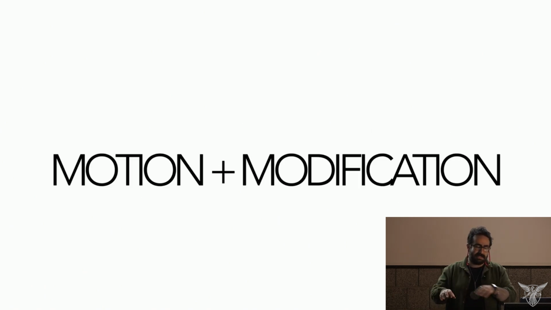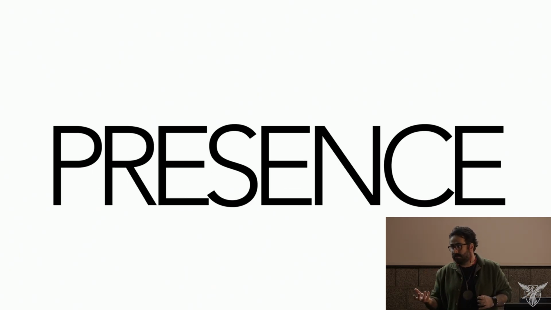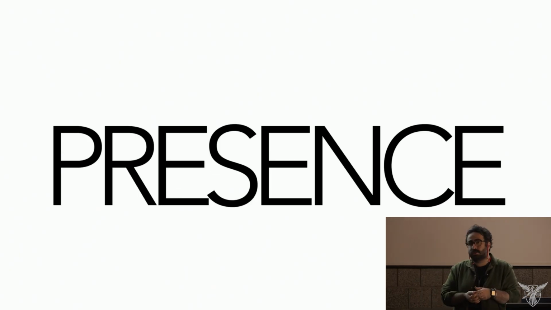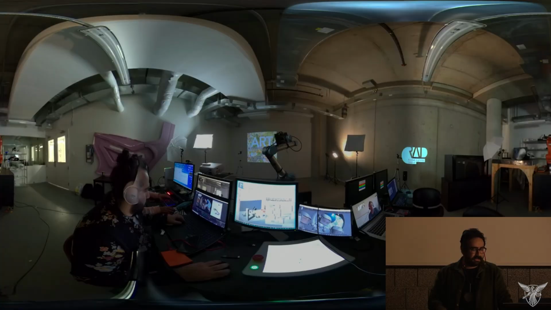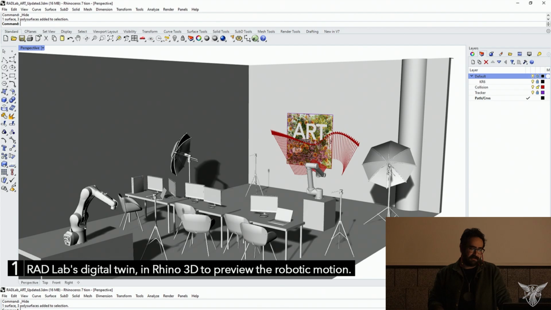And we tried to break down the idea of presence, which is a physical idea, obviously, and virtualize that, translating a physical idea into a virtual quality. Naively simplifying that question into two qualities of motion and modification, we developed this custom-made workflow and platform, which is a series of twins of RadLab on multiple different platforms.